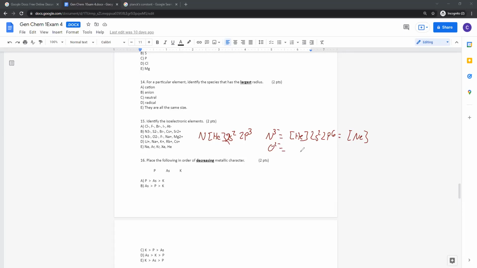O2 minus has the same electron configuration. F minus has the same electron configuration. Na plus has the same electron configuration. Mg2 plus as well. So that's what isoelectronic means. Every species in that list has the same electron configuration.